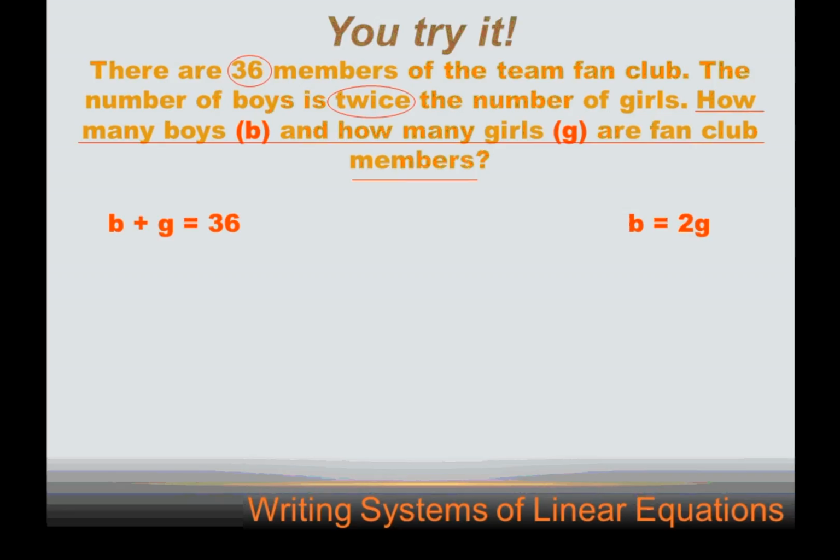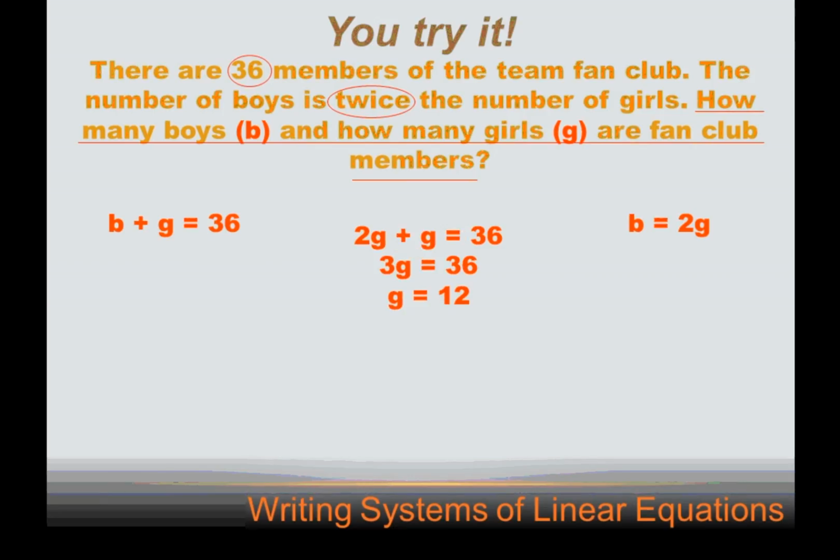Now, I've got 2 expressions here. I've got B equals 2G, and I've got B plus G equals 36. Well, if I know B equals 2G, can't I just substitute for that B over there and rewrite this as 2G plus G equals 36?